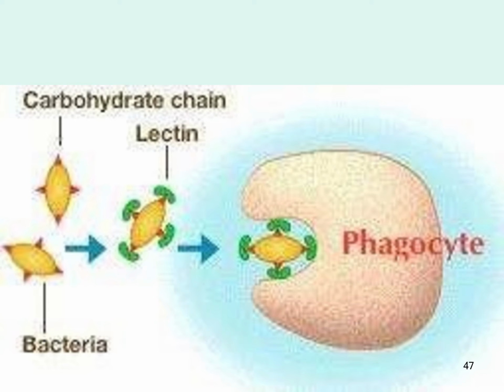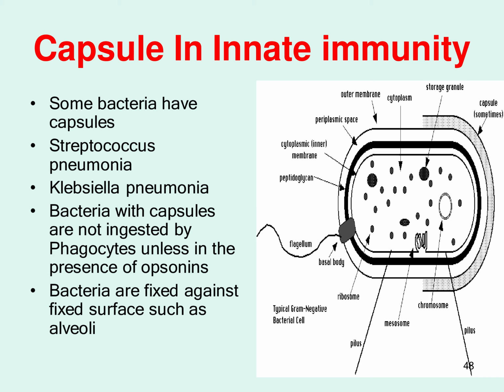Blood comprises a 55 plus 45 portion. 55% is plasma and 45% is cells, where we have the RBCs, WBCs and platelets. And WBCs are again of granulocytes and agranulocytes.